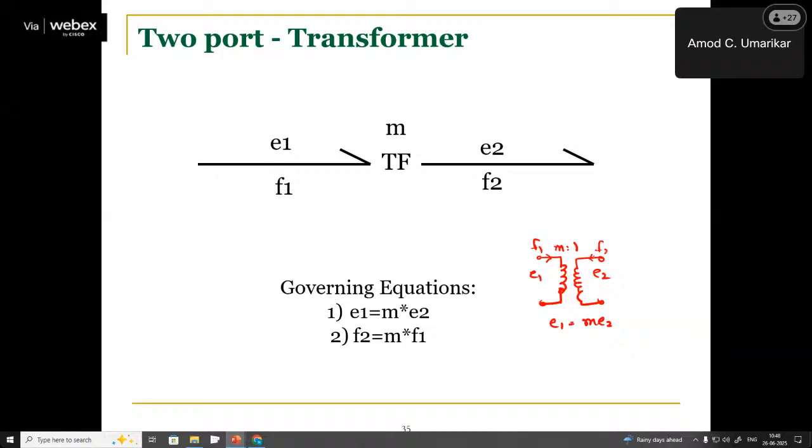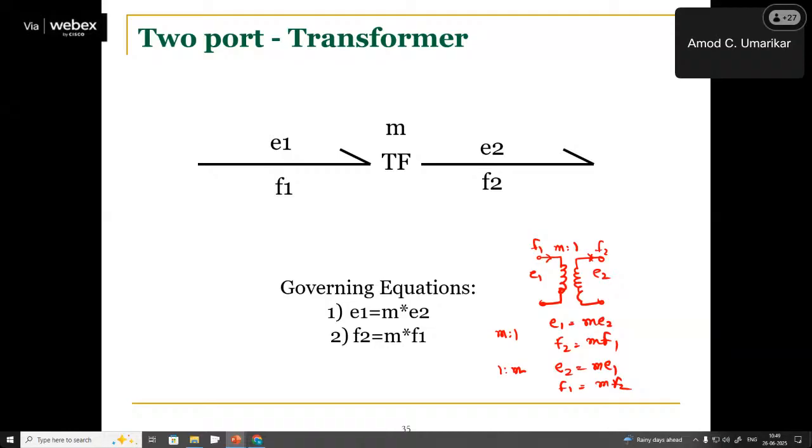And then F2 is nothing but M F1. Now if it is 1 is to M, then E2 is nothing but M E1, and F1 is nothing but M F2.